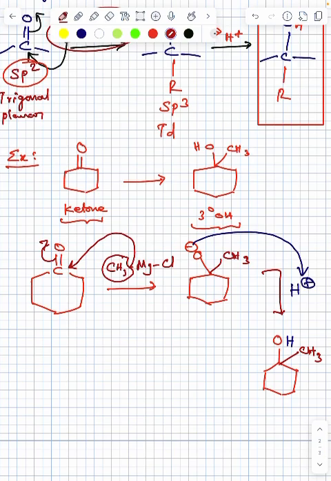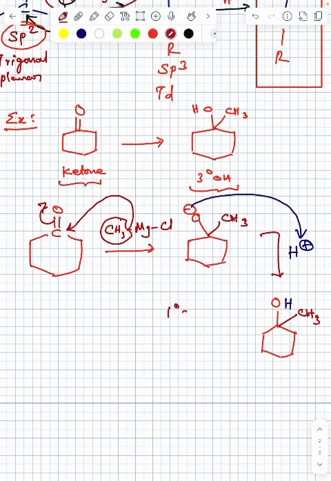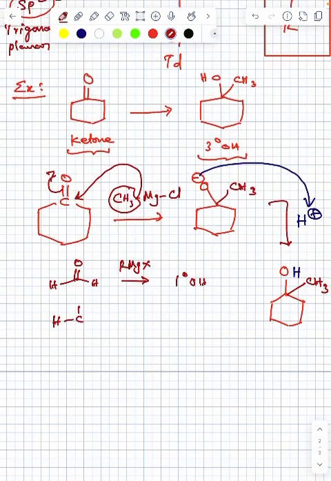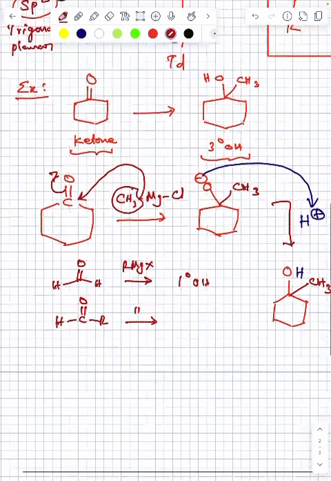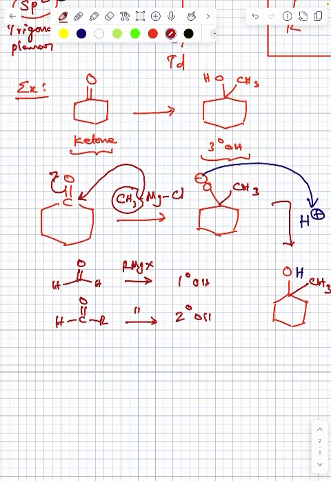I want to prepare the primary alcohol. So what type of corresponding functional group is required? It's nothing but formaldehyde. Formaldehyde treated with one equivalent of RMgX gives back the primary alcohol. If I take the aldehyde functional group and treat it with one equivalent of RMgX, I get back the secondary alcohol.